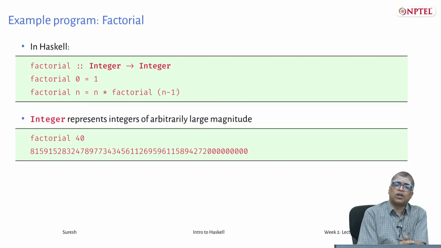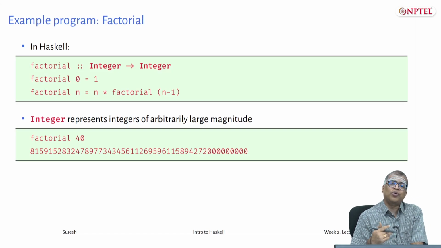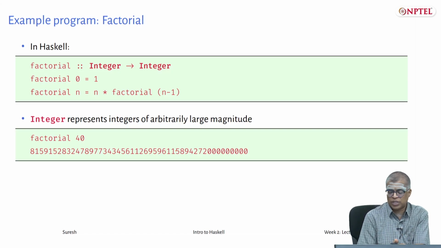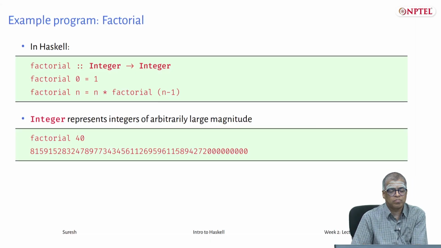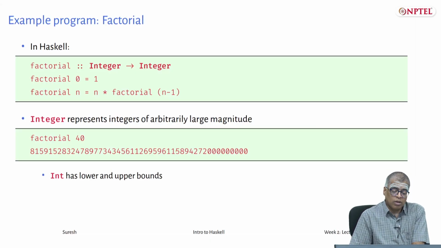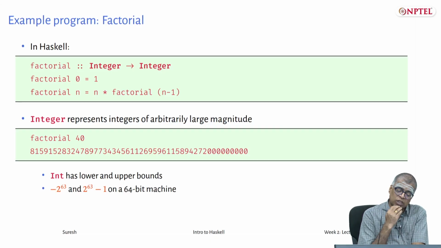So for instance, factorial of 40 is this huge number, and if you type this in GHCi, you will get the accurate result, even though it's much beyond 2 power 63 minus 1. So int has lower and upper bounds, as we mentioned, minus 2 power 63 and 2 power 63 minus 1 on a 64-bit machine.